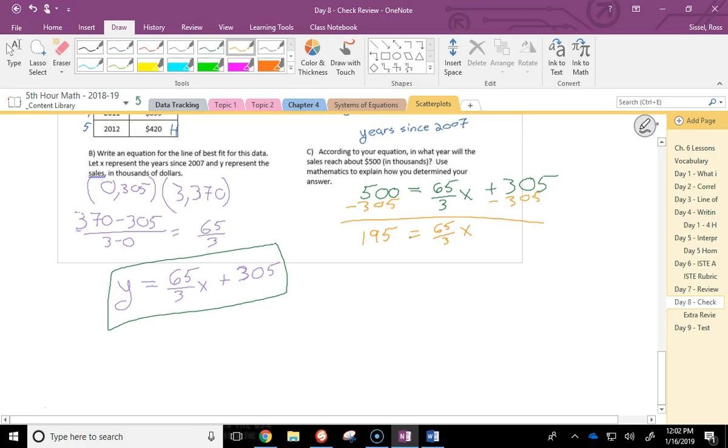How do I divide 65 thirds? What do we do when we have a fraction times our variable? How do we get rid of the fraction? Multiply by what? You're right, you're getting there. We multiply, but what do we multiply by?